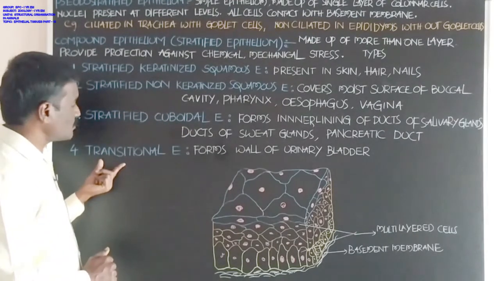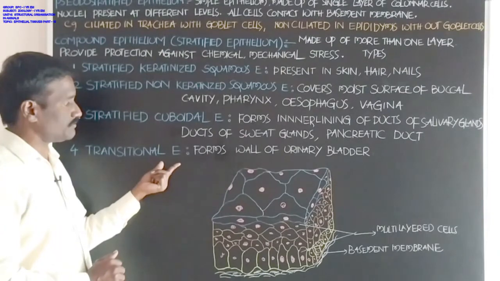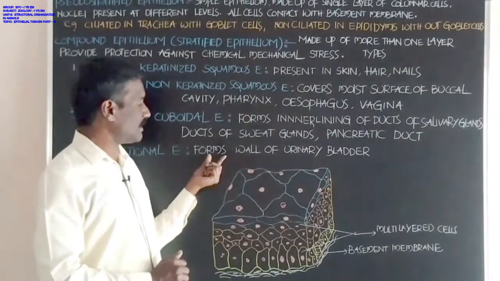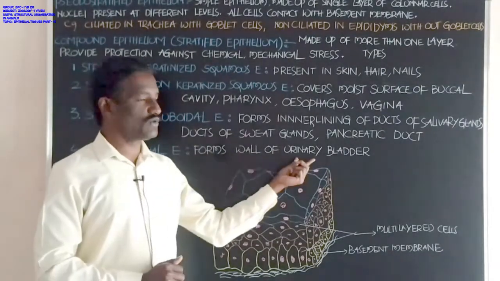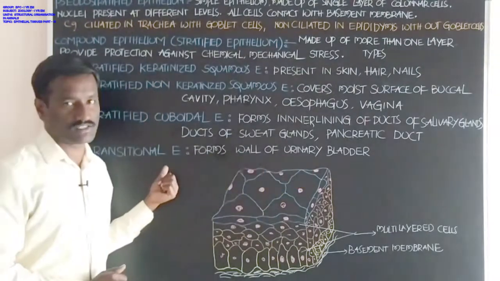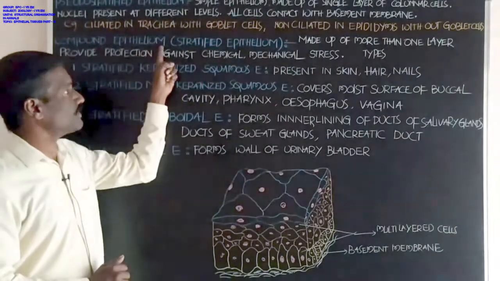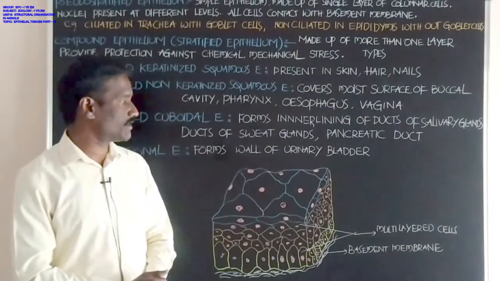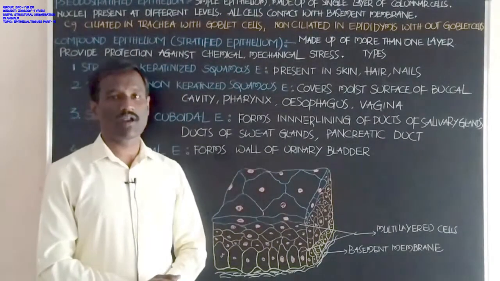Next, the last one is transitional epithelium. Transitional epithelium forms the wall of the urinary bladder. It is one type of compound or stratified epithelium. What about the urinary bladder?